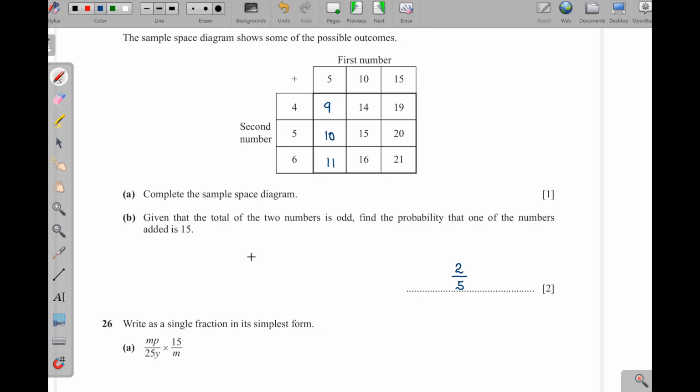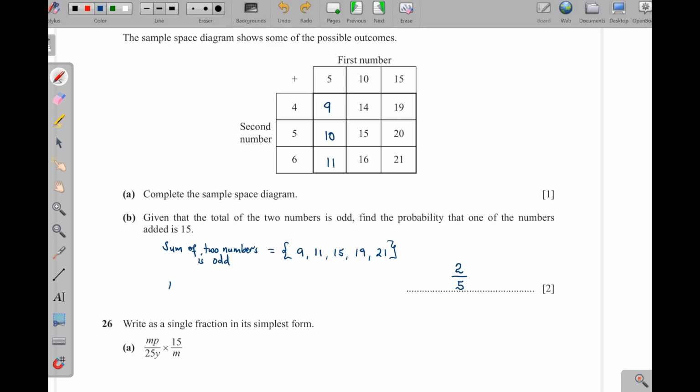Okay, let's say sum, because I want to be systematic. Sum of two numbers is odd. So that sample space has gotten 9, there is 11, there is 19, there is 15, then 19, and then 21. Okay, numbers added.